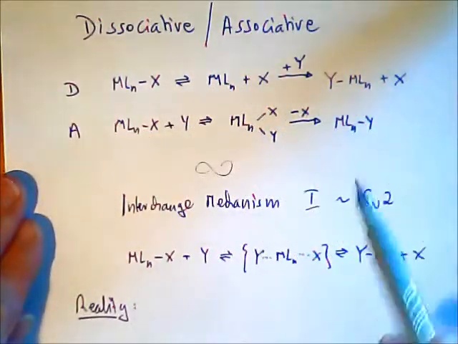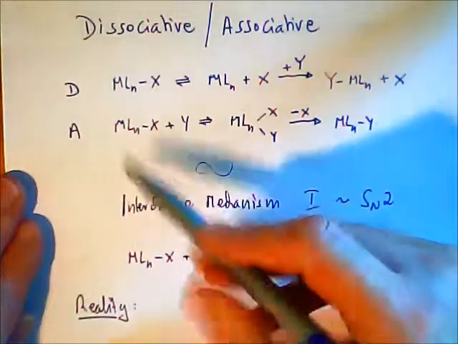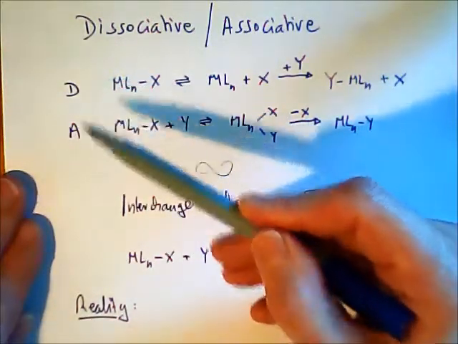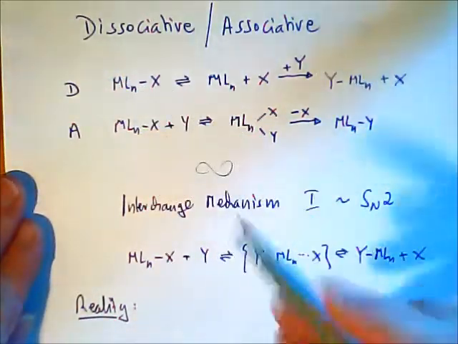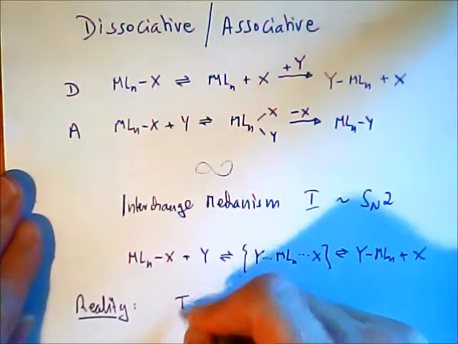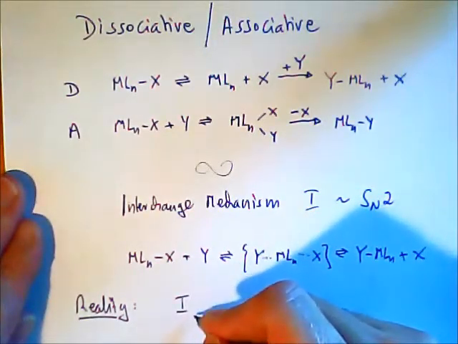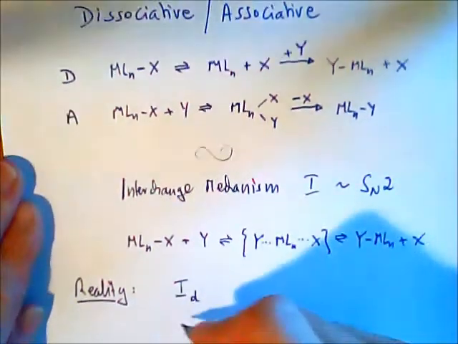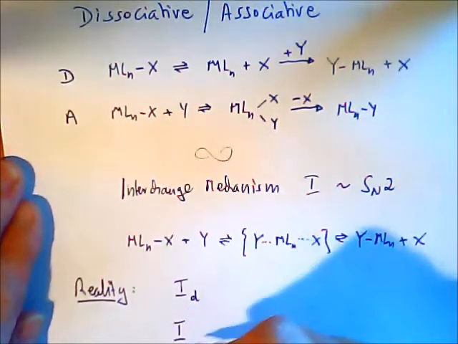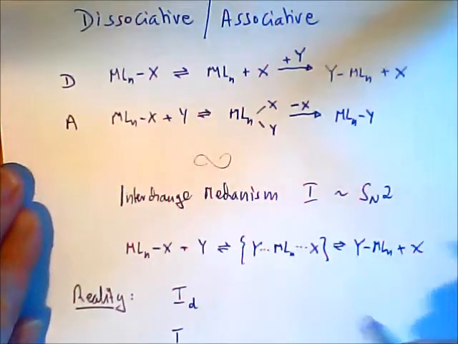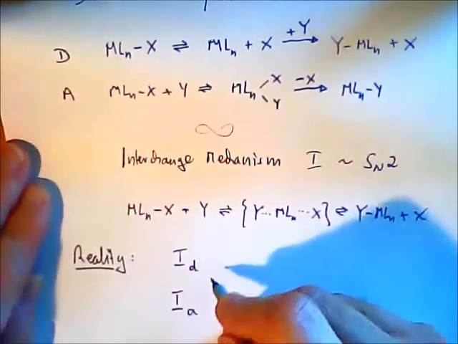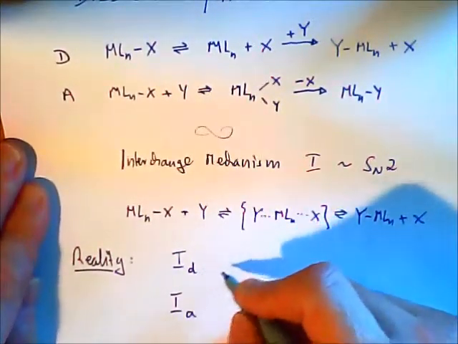So in reality we would not say we have dissociative or associative, but rather we would have an interchange mechanism which tends to be dissociative, or an interchange mechanism which tends to be associative. Okay, what do I mean with that?